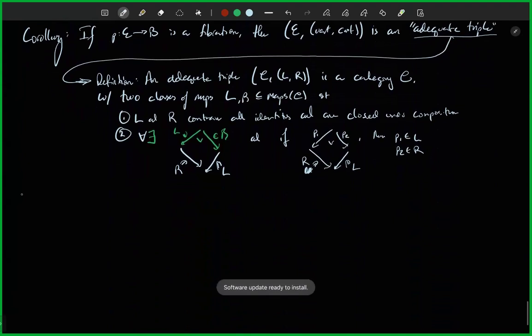So, definition. This, or an equivalent version of this, was originally due to David Spivak.